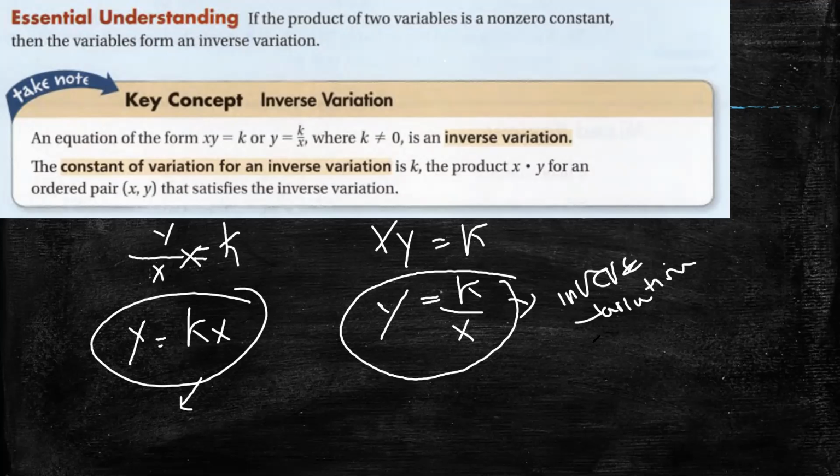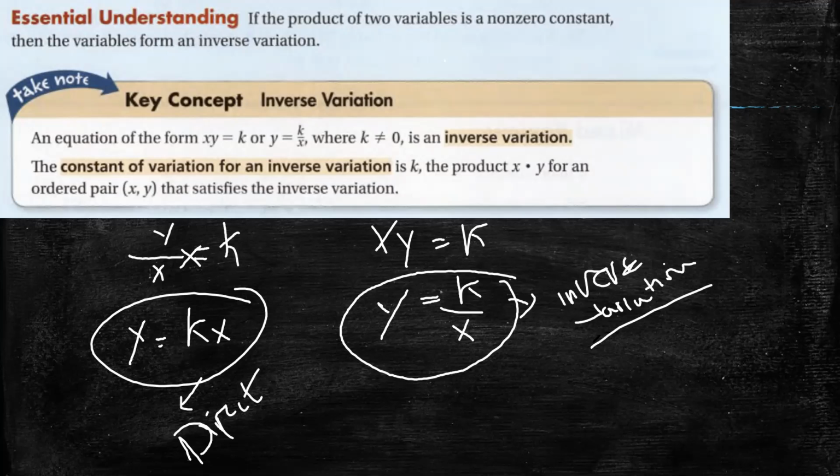If you divide the two variables in the variation and you get a constant k, this will be direct. If you multiply the two variables and you get a constant k, this will be inverse. So divide the variables, you get a direct; multiply them, you get an inverse.